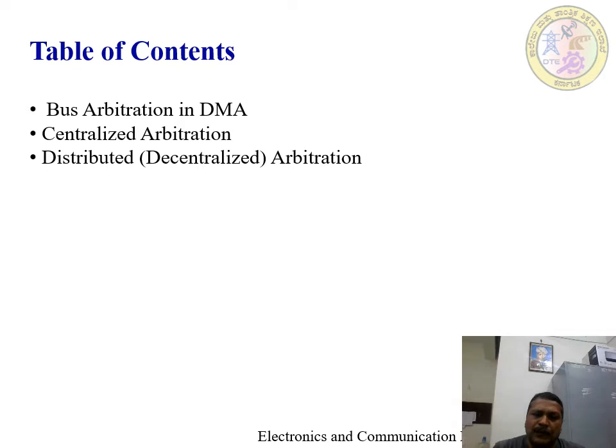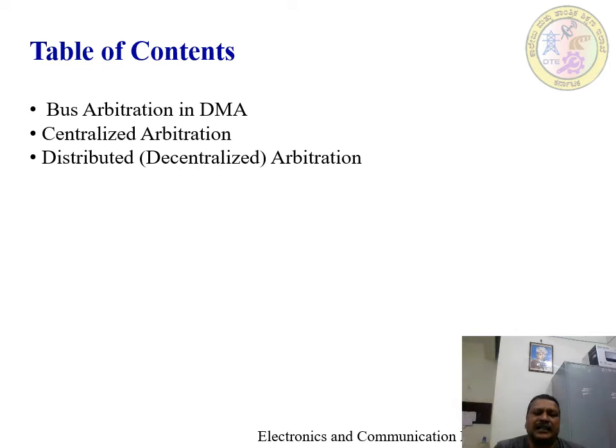The DMA controller makes use of buses for the data transfer. So in this burst mode, the processor has to wait until the block of data exchange has taken place.